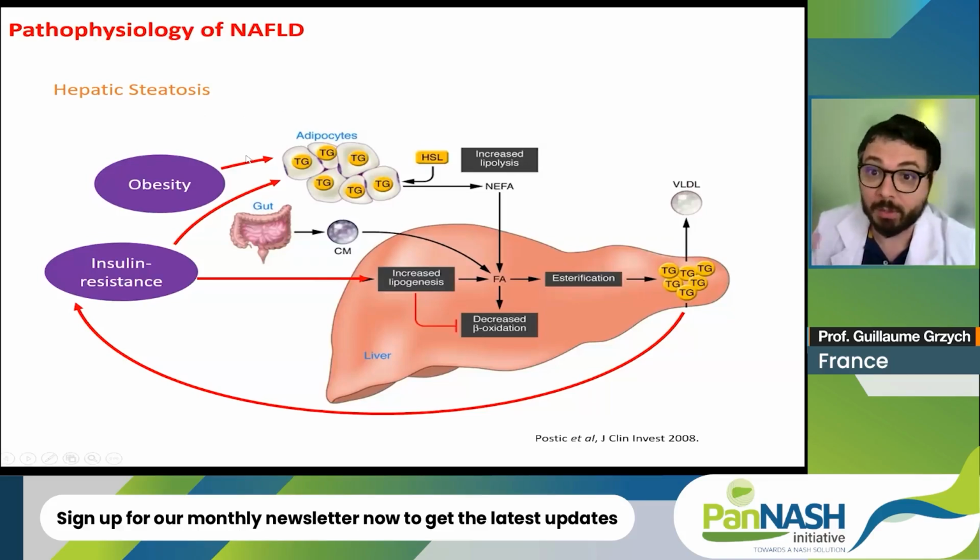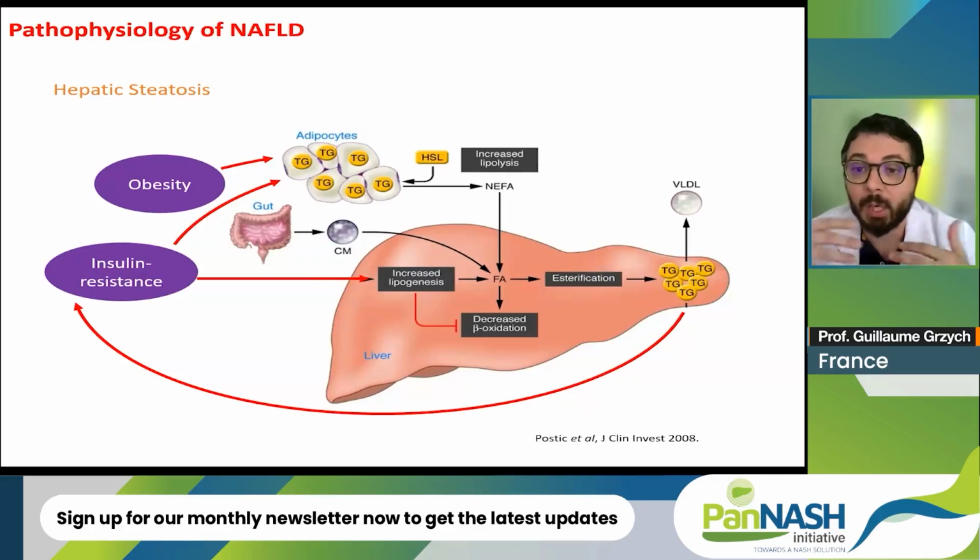So the marker is not biological but is the BMI, and also insulin resistance with, for example, glycemia or markers of the state of patients with type 2 diabetes. So we focus on some combinations of scores using this kind of metabolic parameters.